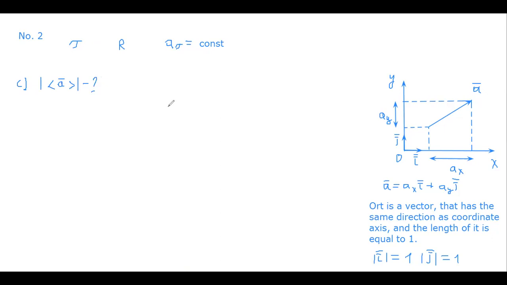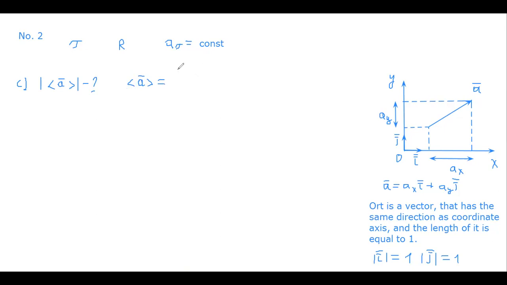So, do you have any ideas? Okay, let's define average value. It means that a average, and these angular brackets mean average value.